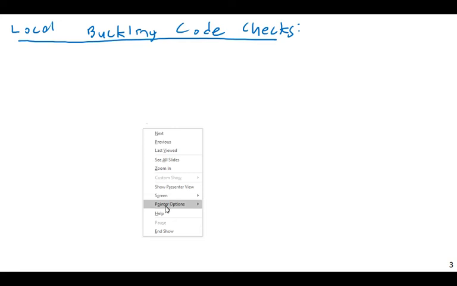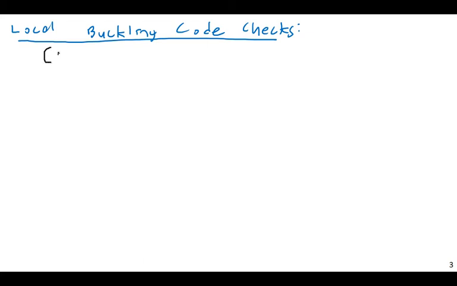This is found in Table B4.1b, starting on page 16.1-17. And there'll be a whole bunch of different formulas for different types of elements.